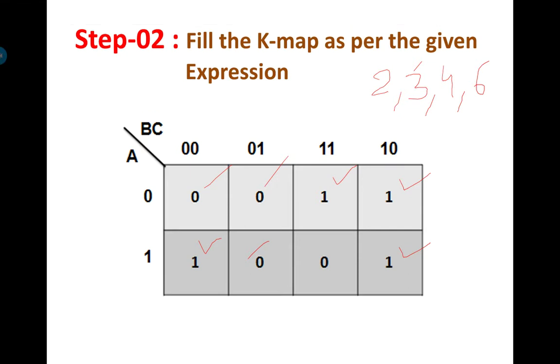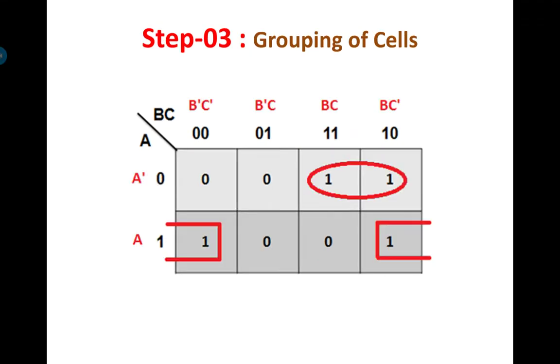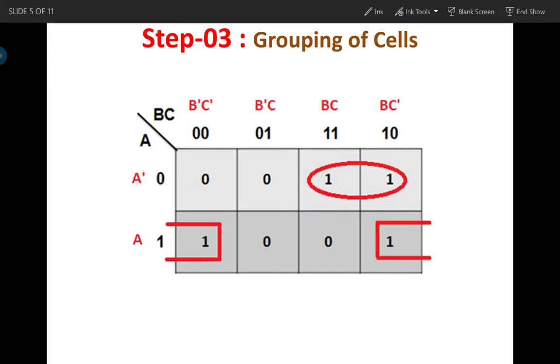After filling the K-map, the next step is to group the cells, right? This is a very important step for solving the expression using the K-map. We have seen in the last lecture how to make the different groups of ones, so taking all those rules into consideration, we proceed to group the ones.